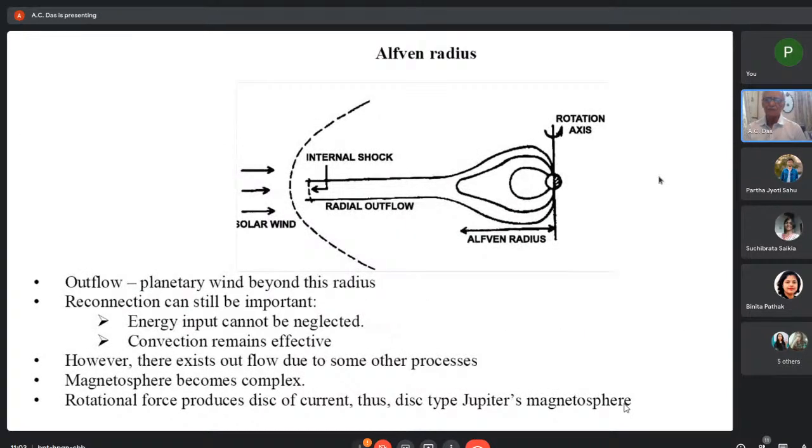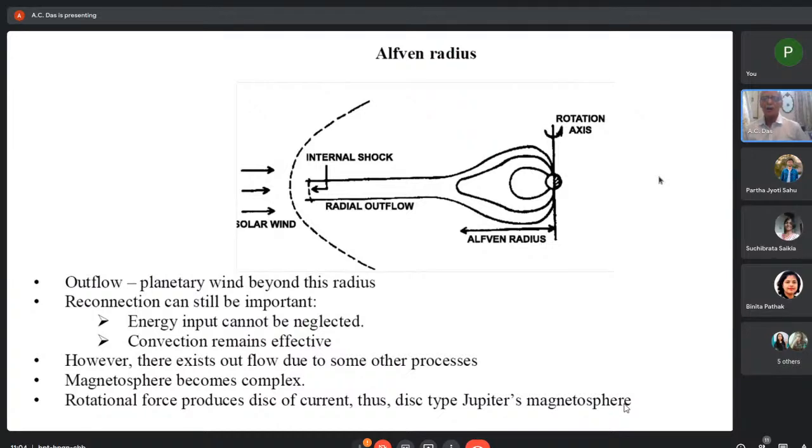There is a picture I can show, which indicates that because of the rotation you have a centrifugal force, and that would try to take the plasma away from the center, but there is a magnetic field. Magnetic field has pressure as well as tension, and that wants to keep the plasma inside, but unfortunately it cannot, because beyond a certain point the plasma pressure becomes large, since the magnetic field decreases with distance, and therefore the tension or magnetic pressure decreases.